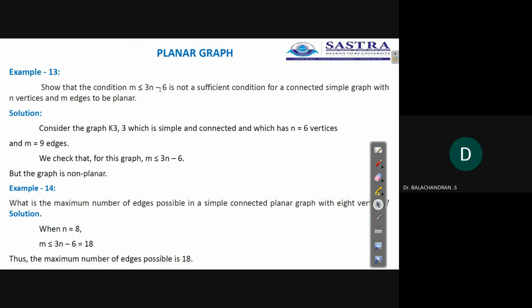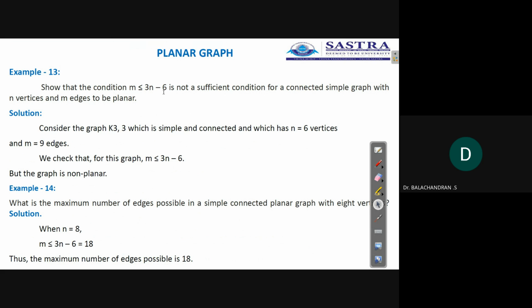Sufficient condition means, suppose I am assuming this is a sufficient condition for planarity, then if this condition is satisfied, G should be planar.